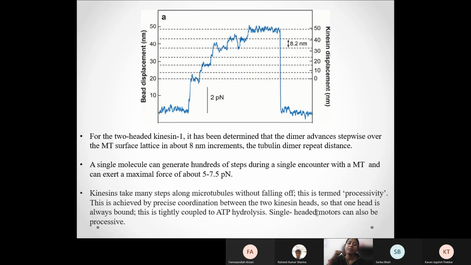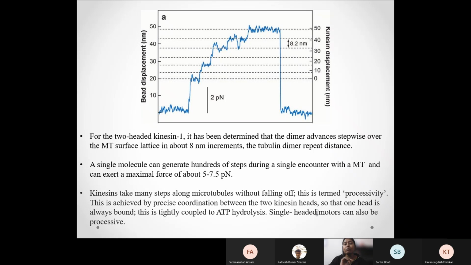In cells, microtubules can form very long tracts, and these kinesins can walk on these very long tracks. They have very high processivity, so in general they will not fall, but they can stall. What is stalling? Stalling is where they can stop in the middle of the track.